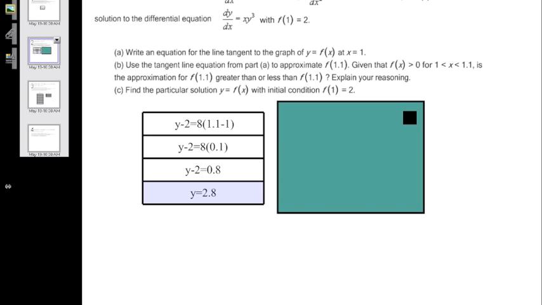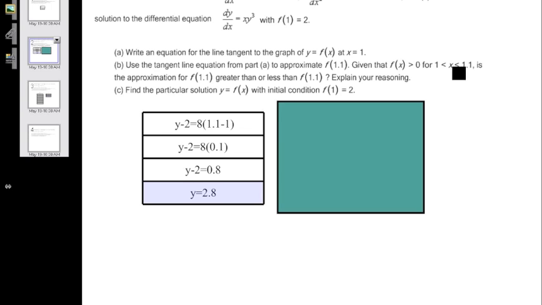The second part of part B asks us to explain whether or not the approximation for f of 1.1 is greater than or less than f of 1.1. With the given information, f double prime of x is greater than 0 when x is greater than 1 and less than 1.1. Because x as well as y are always greater than 0, when we plug these values into the first and second differential equation, we always get a positive number.